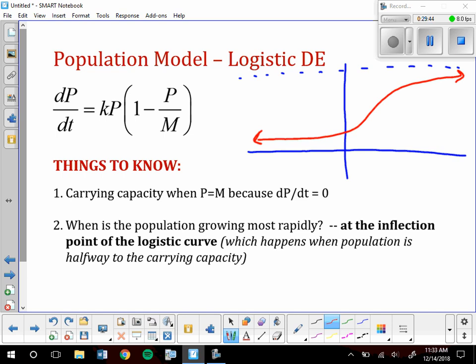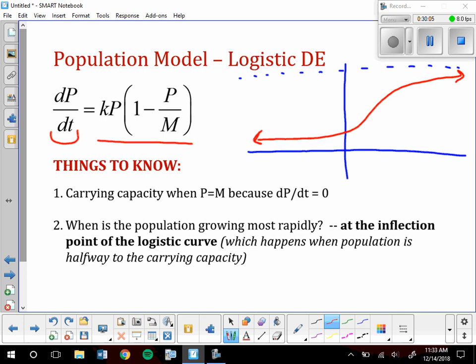If you see dP/dt equals kP times (1 minus P over N), that's actually a really difficult differential equation to solve analytically because we have two P's here, and so separating the variables gets a little bit complicated.